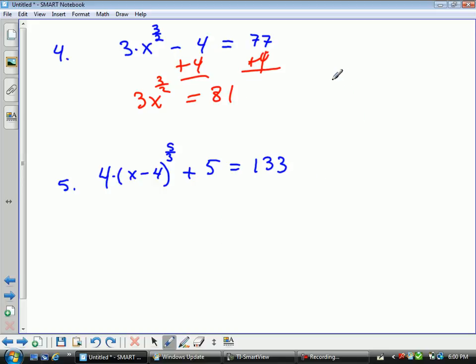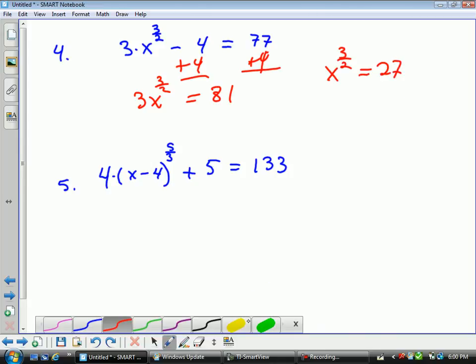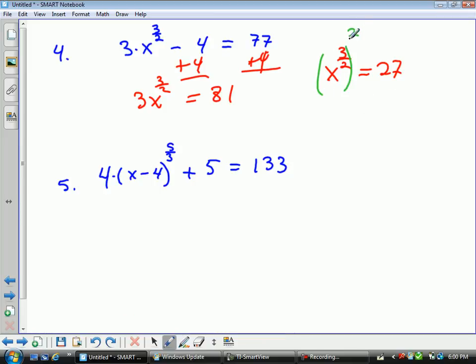Divide both sides by 3. x to the 3/2 power is equal to 27. Raise both sides to the reciprocal power. And x equals, take the cube root of 27 and square it. You may use your calculator. You should get 9. The cube root of 27 is 3, and 3 squared is 9.